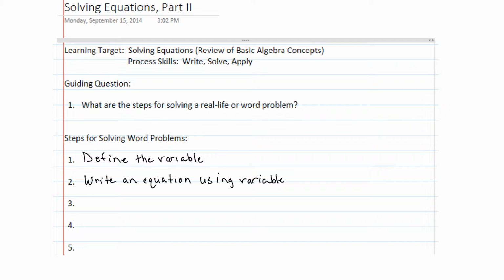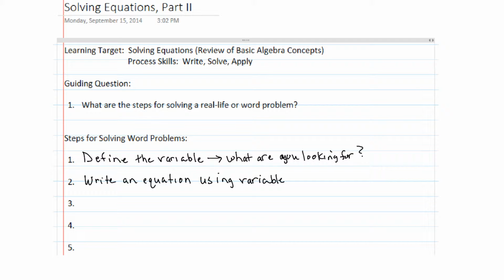Let's go back up and put define the variable and make sure we identify and understand that that means what are you looking for? And then we'll write the equation using that variable.